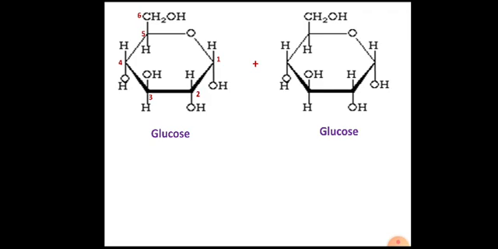The type of bond is alpha 1,4. So this is alpha conformation and carbon number 1 is involved, therefore it is alpha 1. Now see the second molecule of glucose. Draw the structure of the second molecule of glucose.